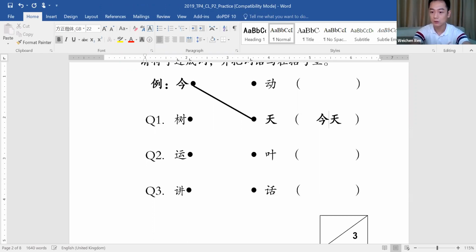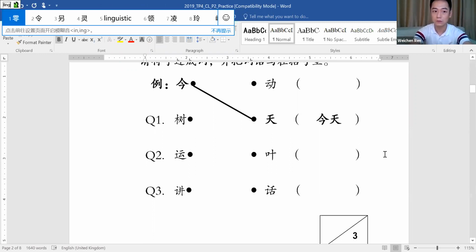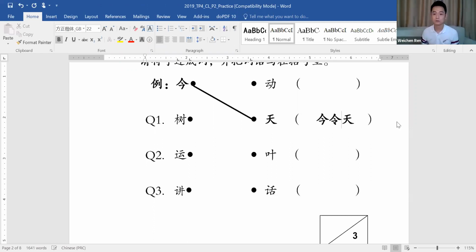See? But this word, 今天, you might write like this. Then that's a mistake, right? So hopefully you can always check your answer and make sure that there are no careless mistakes.